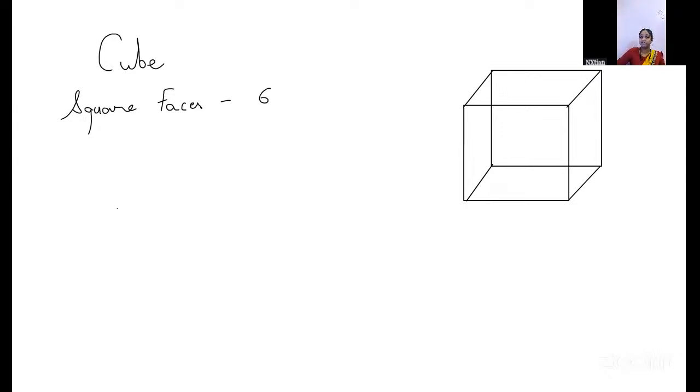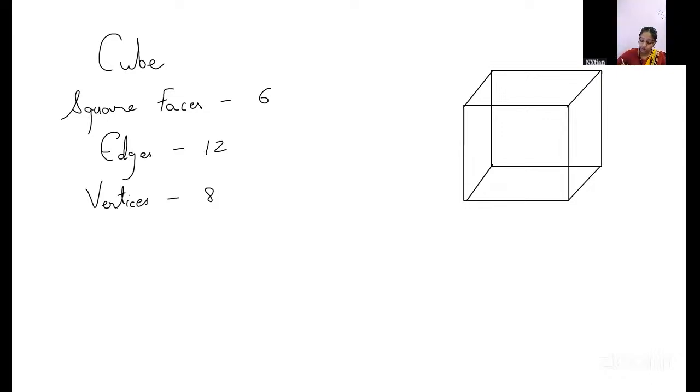Then we have its edges, how many? 12. And vertices, 8.